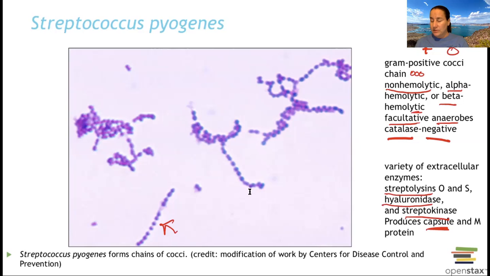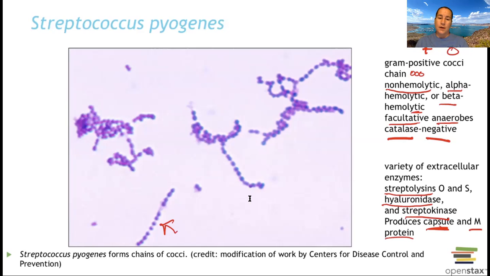They are capable of producing a capsule. So capsule is another virulence factor. If you are surrounded by a capsule, it makes you bigger, and sometimes you're too big for the white blood cells to eat. Sometimes the capsule allows you to be more virulent because it allows better adhesion onto the cells that you are trying to get into. So strep pyogenes produces a capsule and also M protein. So these are all different virulence factors that you may find in strep pyogenes.